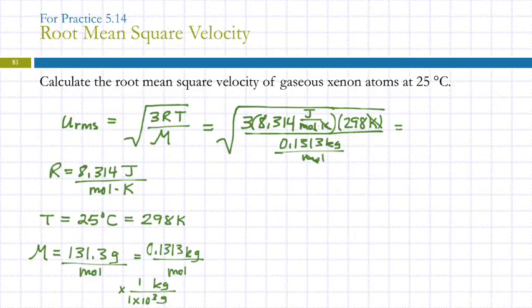So this is going to be the square root. I'm just writing this down as an intermediate to show you what's happening with the units. So the units I have left there are joules per kilogram, right? And I have to take the square root of that whole mess.